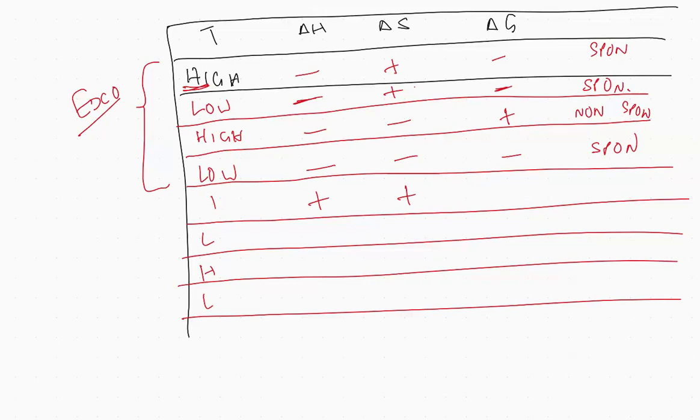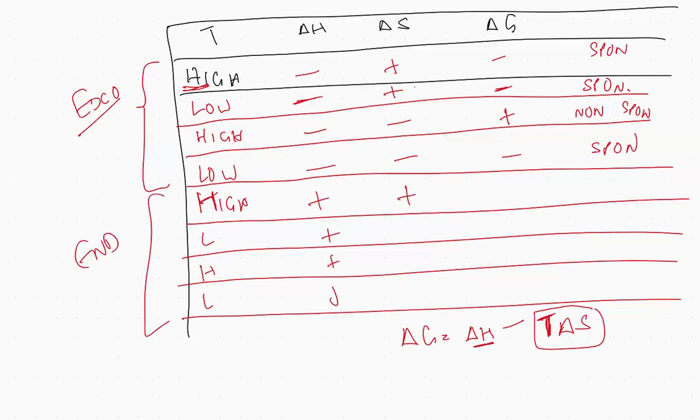So delta G equals delta H minus T delta S. If this T value is high and delta S is positive, this is going to be a higher negative. Although delta H is going to be positive, meaning endothermic, delta G is still going to be negative, but small. Okay, now what about low? When this entire term is low, but delta H is a positive value, it's more likely it is going to be non-spontaneous.